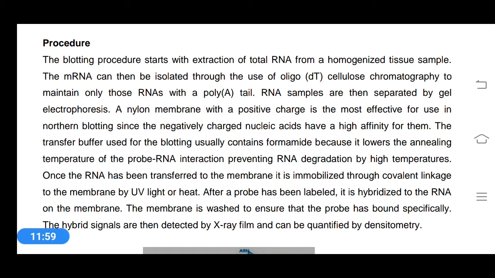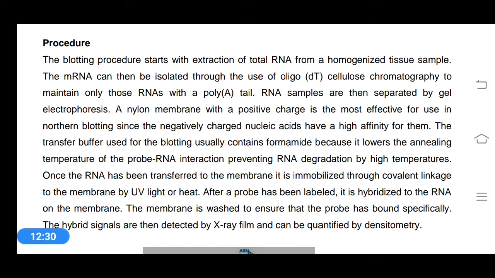This probe RNA interaction will be prevented from RNA degradation by high temperatures. Once the RNA has been transferred to the membrane, it is immobilized through covalent linkages to the membrane by UV light or heat.